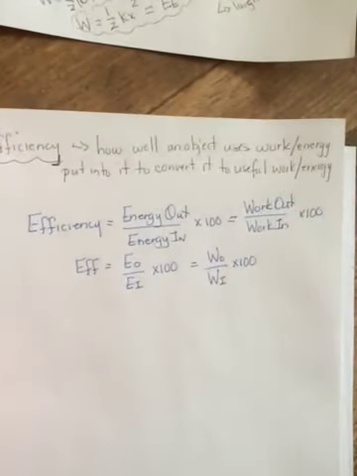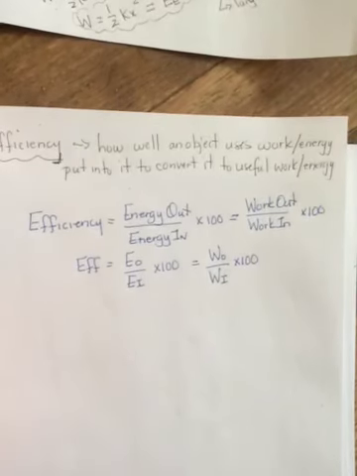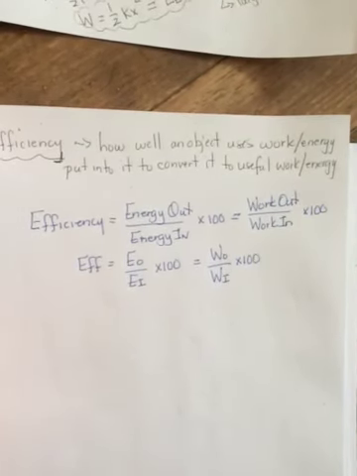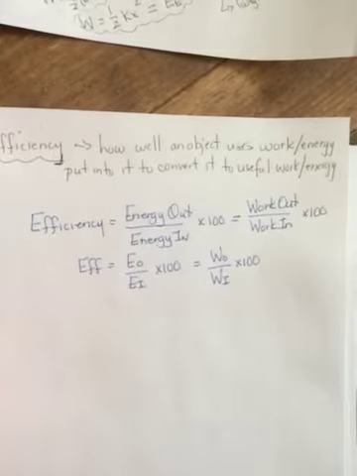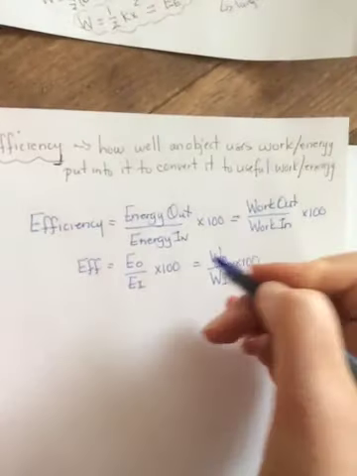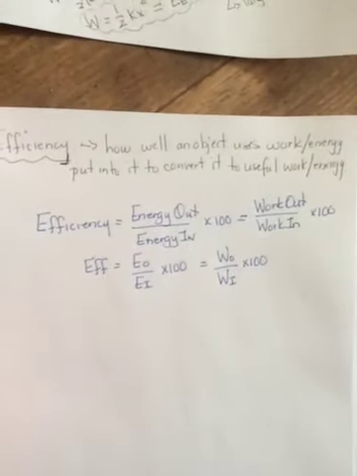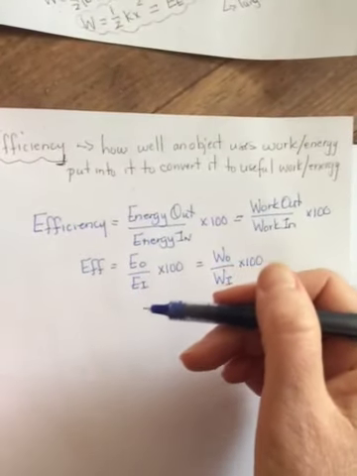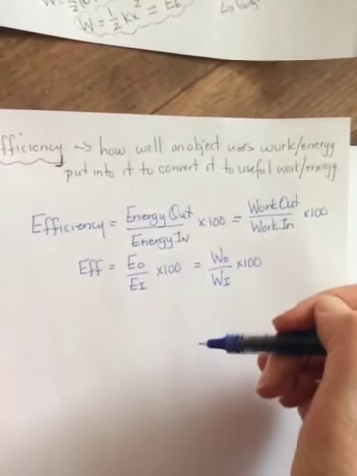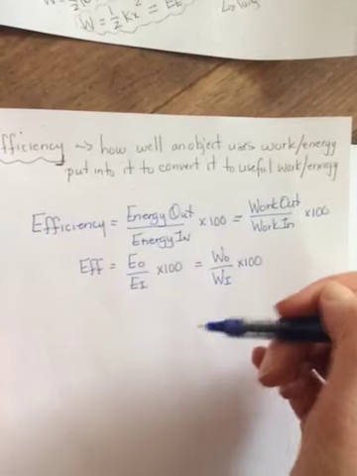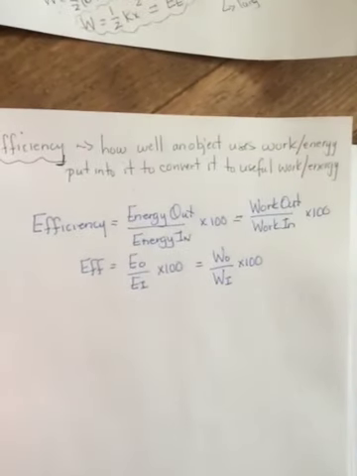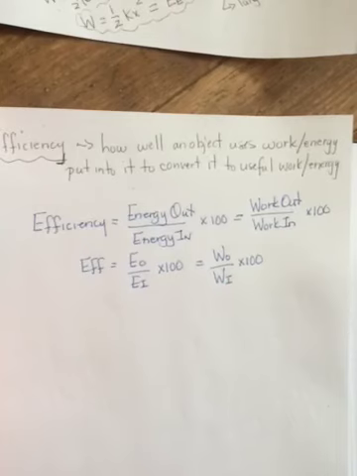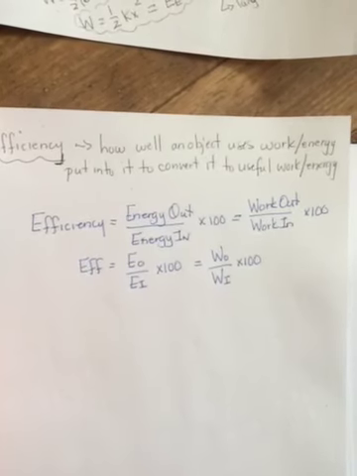Okay? You should never get a value bigger than 100%. Nothing can ever be bigger than 100% efficient, and really nothing will be even 100% efficient. So when you're doing the question, if you don't know which one to put on the top and which one to put on the bottom, the smaller one always goes on the top, or else you'll be over 100% efficient, and that will just be wrong.